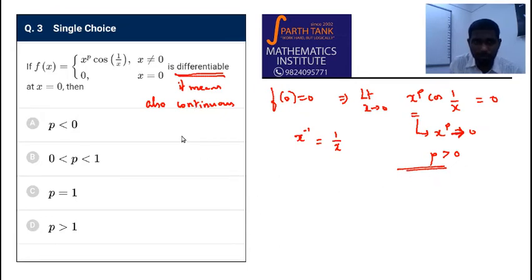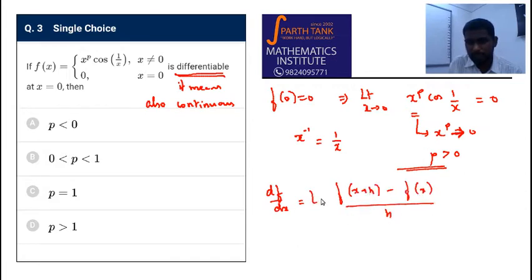Now differentiable. Now if you are differentiating this function, it's going to be a bit involved to guess what will be the correct relationship, but we will try to find the derivative using this technique. You know this, no, that differentiation is defined as f of x plus h minus f of x by h as h tends to 0, right? Now take x as 0, what would you get?